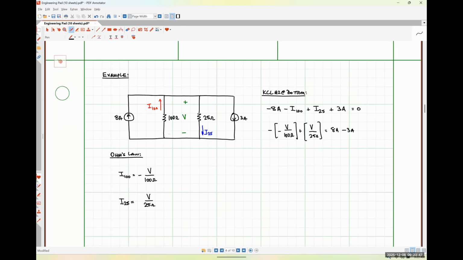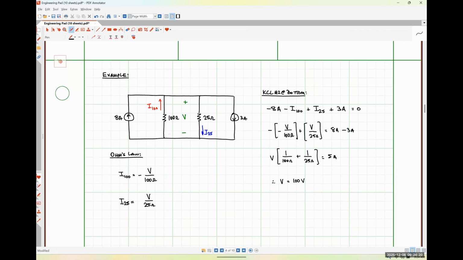So that's going to look like V times a factor of 1 over 100 ohms plus 1 over 25 ohms is equal to 5 amps. So I can find out what V is. So 5 divided by 1 over 100 plus 1 over 25 gives me 100 volts.